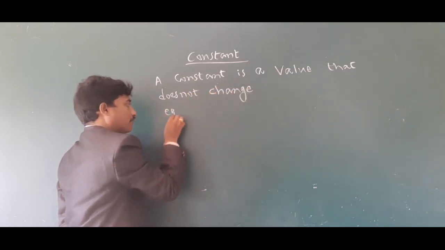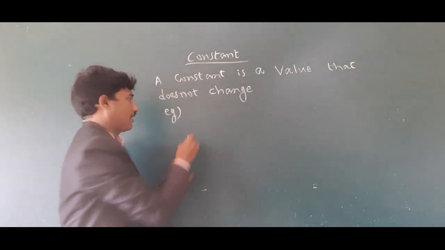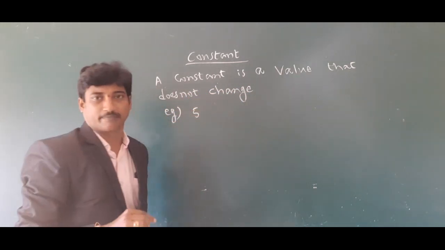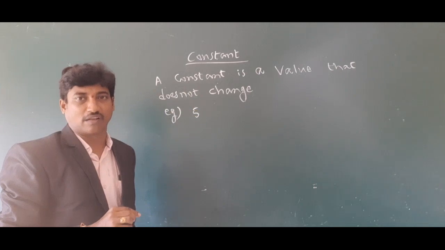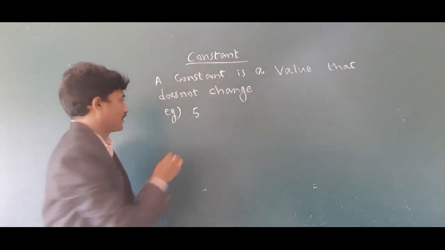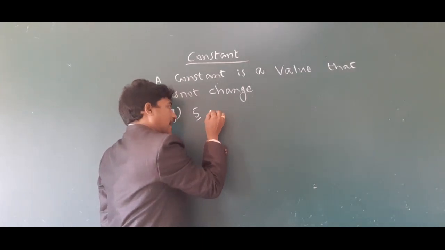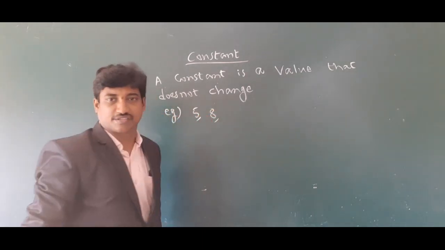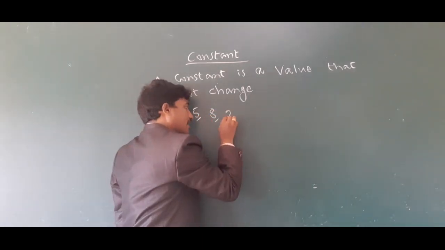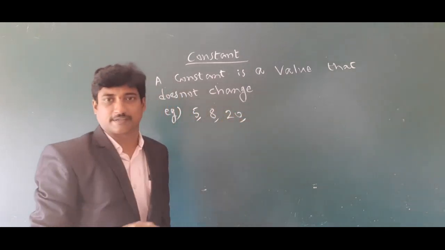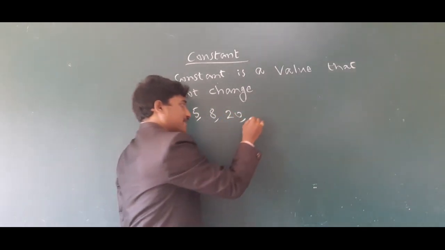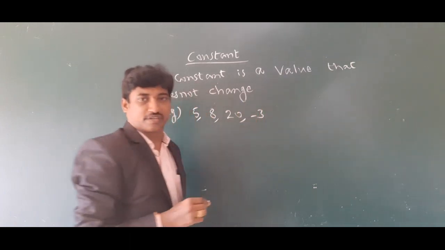For example, 5. 5 is a constant. It has a fixed value. We cannot change it. Next, 8. 8 is a constant. 20 is a constant. Minus 3 is a constant.